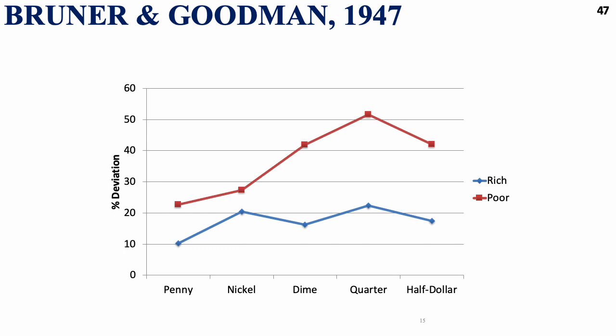So when the coins are absent, they don't really see as big of a gap between the size of a penny and the size of a half dollar. It's only when the coins are actually present that the poor students say, hey, a half dollar is significantly bigger than a penny. So kind of interesting. Again, needs can shape your perception. If you have more needs for money, you may be more likely to overestimate the size of said money.